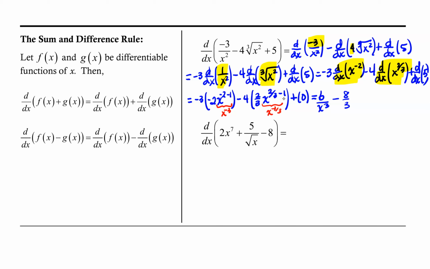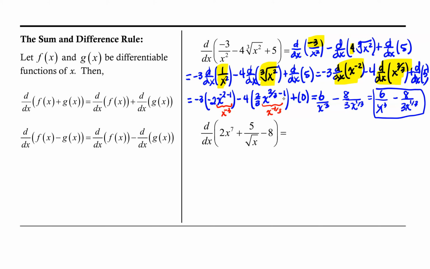And so I can rewrite that as x to the 1/3 in the denominator, and then plus 0. So we have 6 over x cubed minus 8 over 3x to the 1/3 power as our derivative.